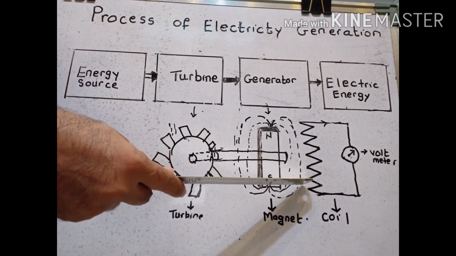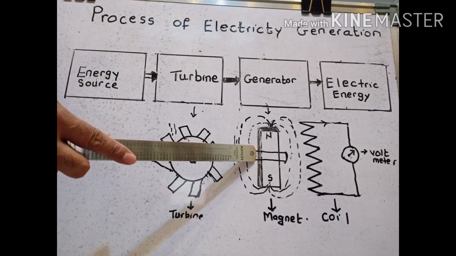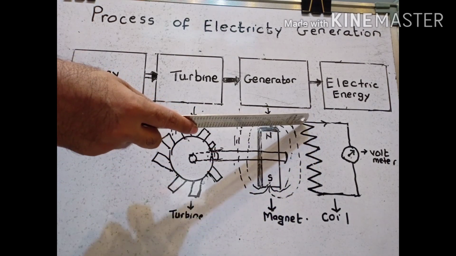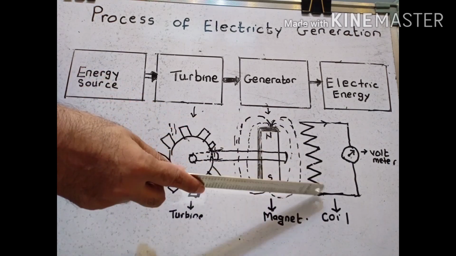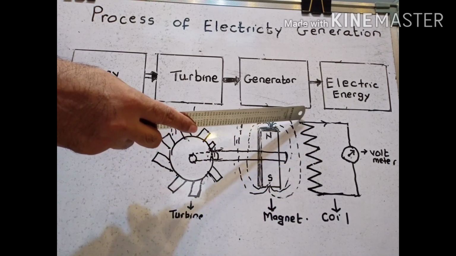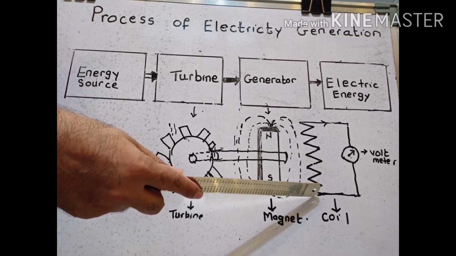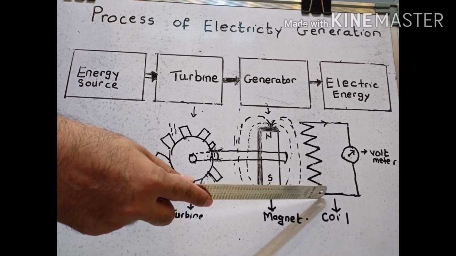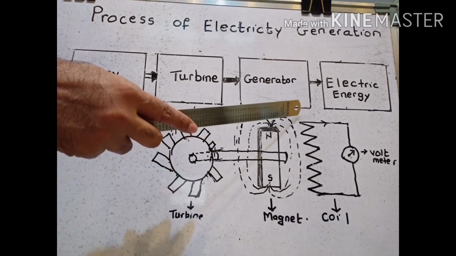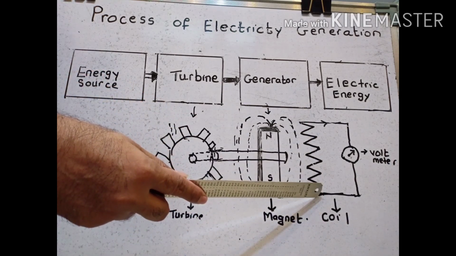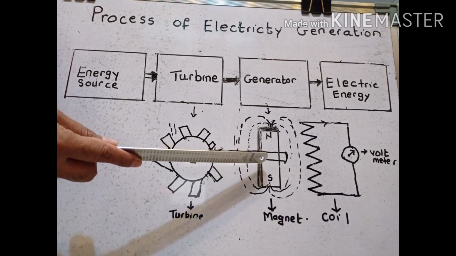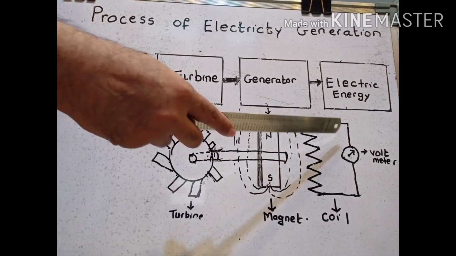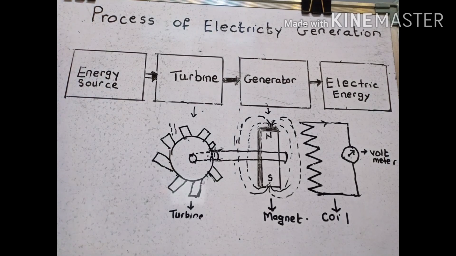And this changing magnetic field of this magnet induces current or creates a potential difference between the ends of this coil. All of you know, once a potential difference is created between the ends of a conductor, it results in the flow of electric current. So the moment a potential difference is generated across this coil due to the changing magnetic field of this rotating magnet, current gets generated in the coil.